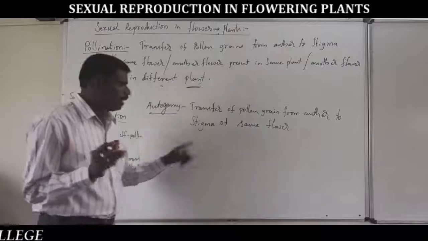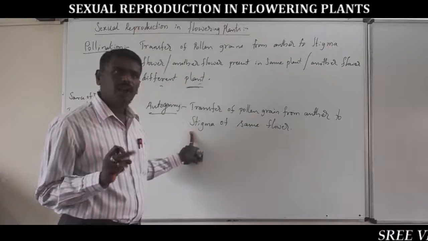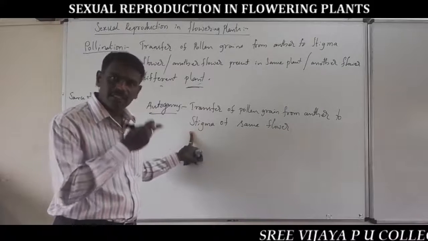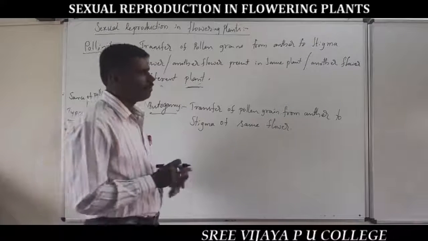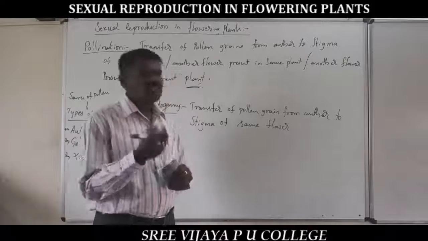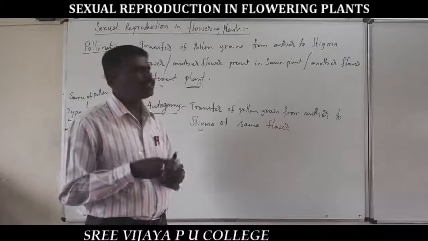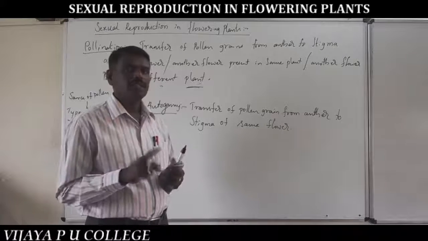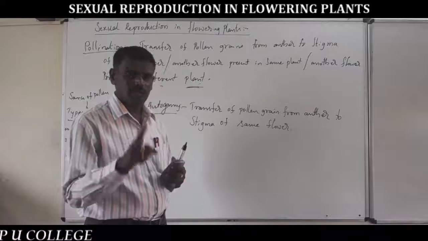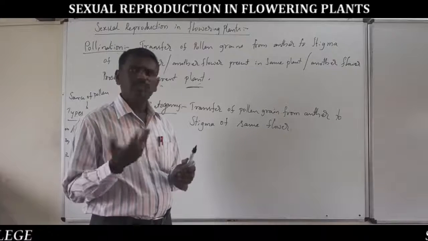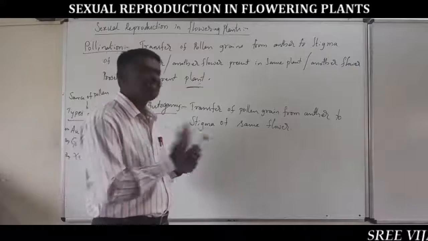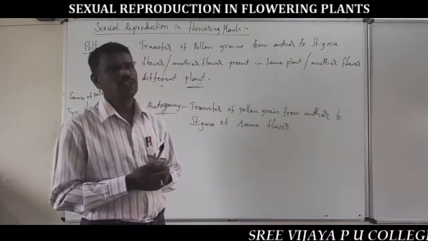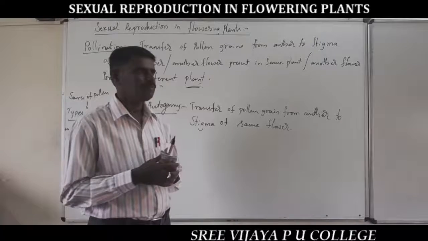In autogamy, always the maturation of anther and stigma is at the same time, and the sex organs are well exposed. That helps autogamy, that helps self-pollination. Otherwise, if the maturation time is varied, it is not successful autogamy or self-pollination.